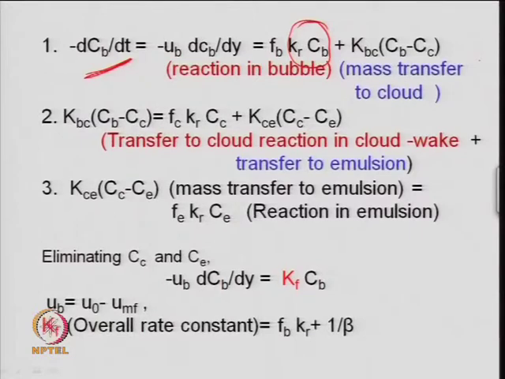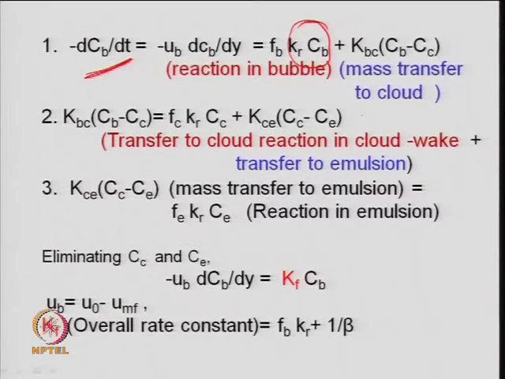So, the first step which I said is that the transfer or disappearance in the bubble phase is equal to the transfer to the cloud and wake phase plus the chemical reaction which is here. So, chemical reaction plus mass transfer. Now whatever you got in this cloud phase, this one, KBC (Cb minus Cc), is the material available in the cloud and wake phase, and that is again partly reacted.